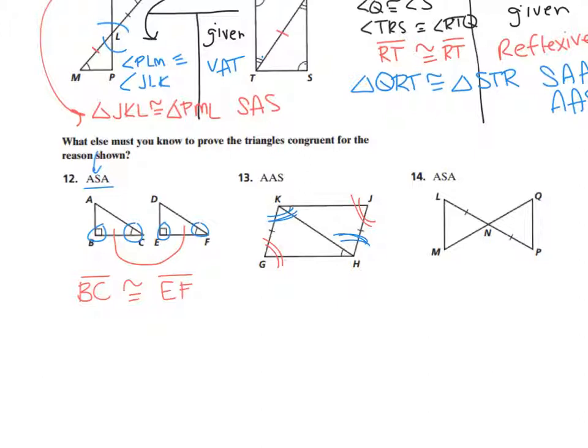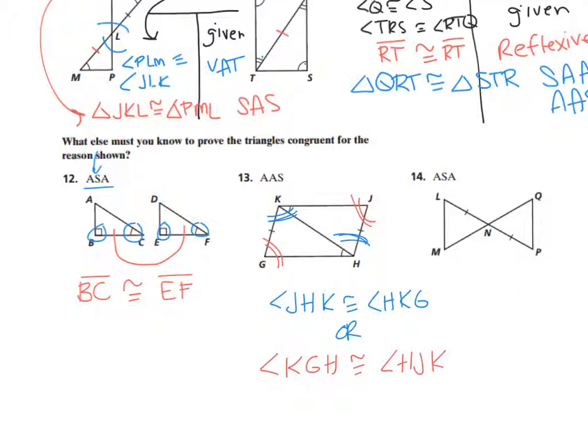So we either have to know that angle JHK, I'm doing the blue one, is congruent to angle HKG, or I'm going to do the red one, angle KGH is congruent to angle HJK. Either one of those.